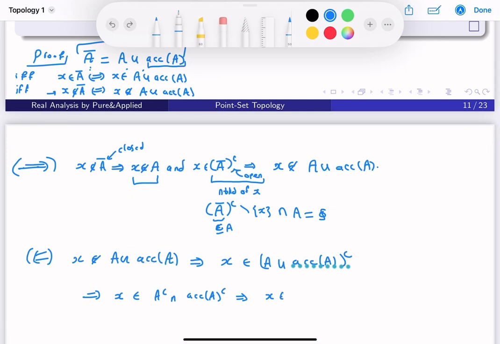This is the same as saying X is in A complement and X is in the accumulation set of A complement.